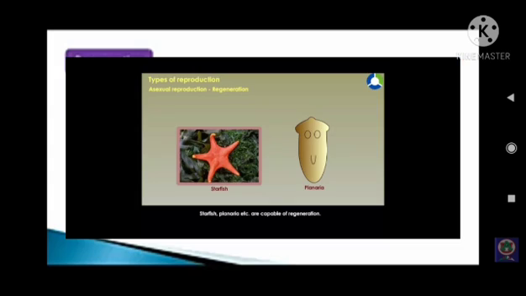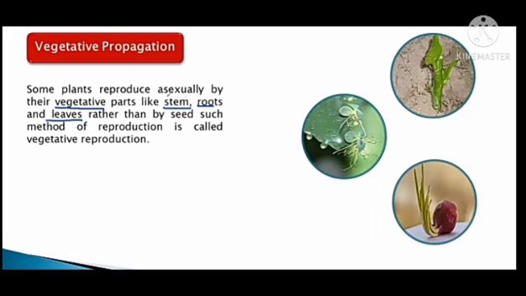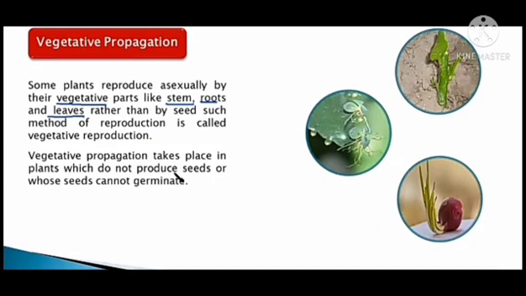They undergo regeneration. Now next is vegetative propagation. Some plants reproduce asexually by their vegetative parts like stem, roots and leaves, rather than by production of seeds. Such a method of reproduction is called what? Vegetative reproduction.